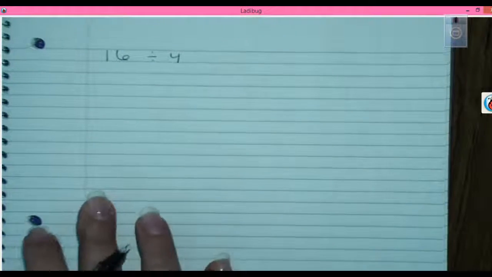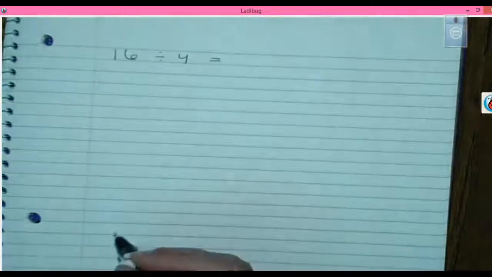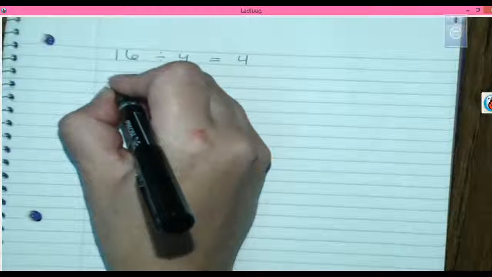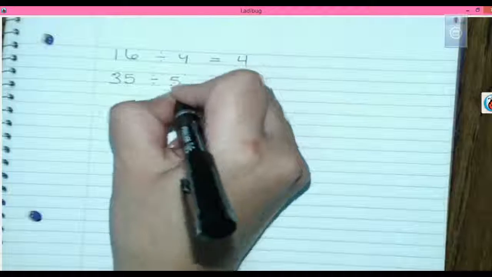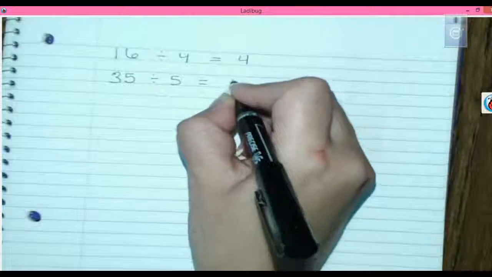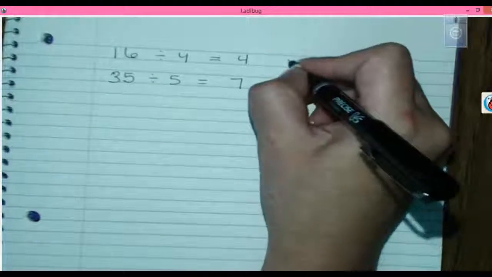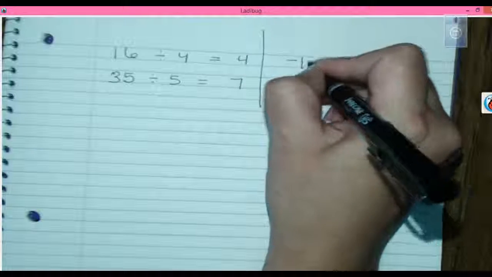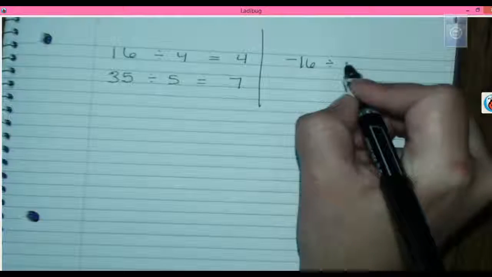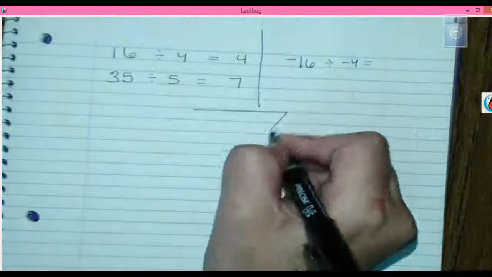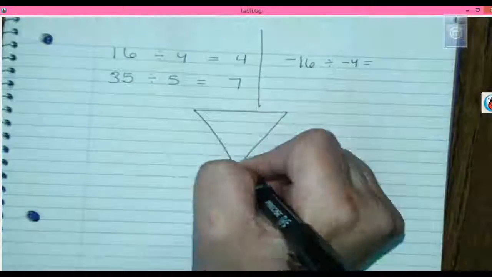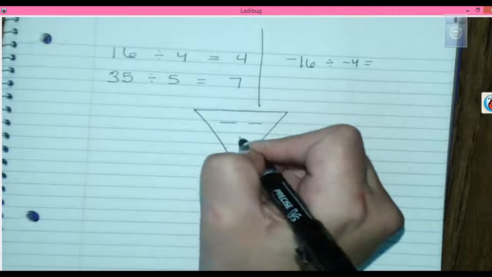Now we're going to divide. So if we have 16 divided by 4, what would that equal? 4. If we have, let's say, 35 divided by 5, what would that equal? 7. Now we have negative 16 divided by negative 4, and we're using our same Dorito that we used in multiplication.